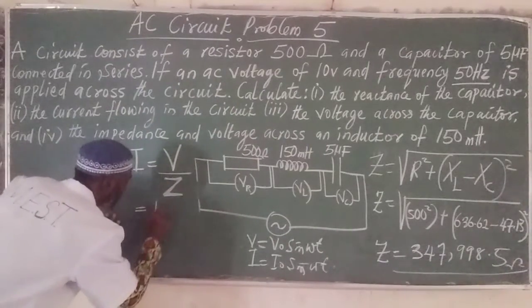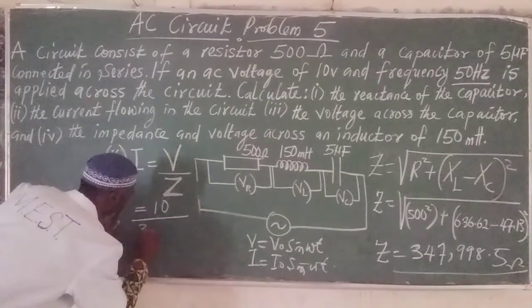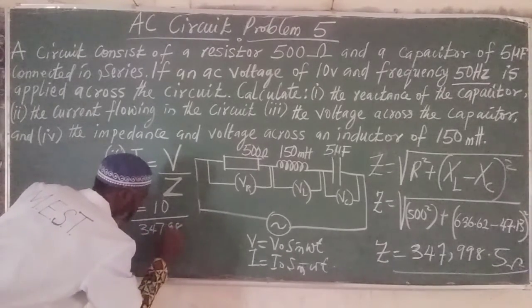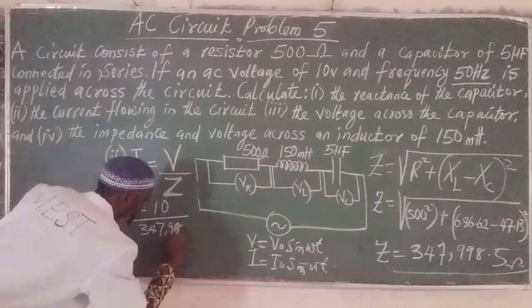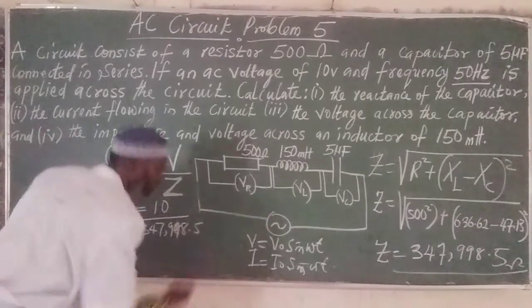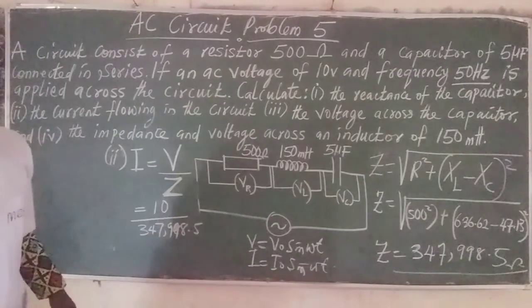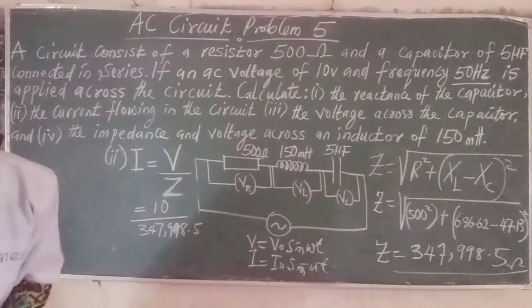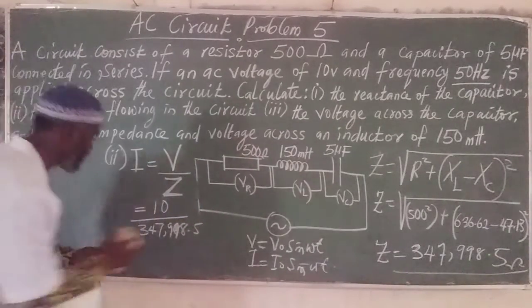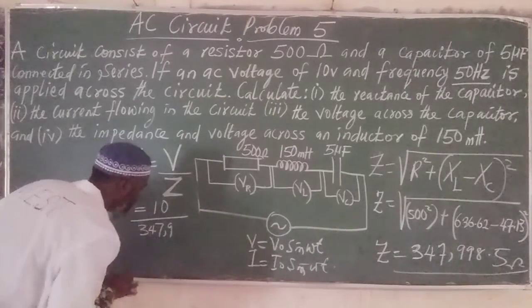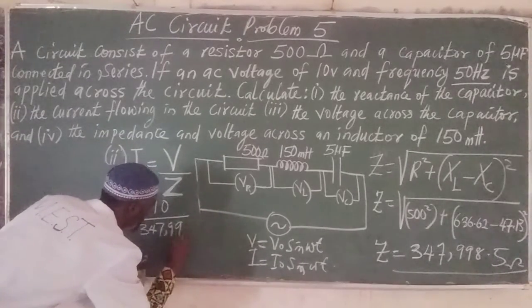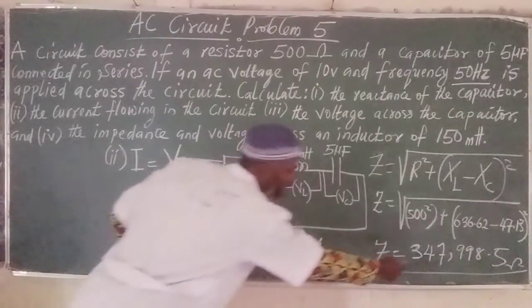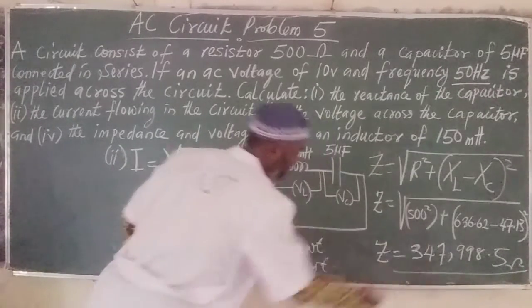For voltage is 10. For the impedance is 347,998.5. By the time we do this, what do we have? Look at it. That's what we have there, okay?